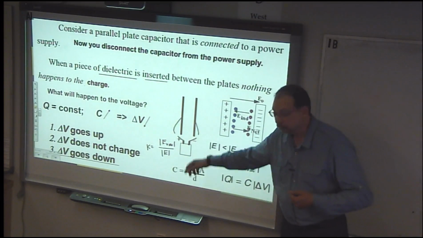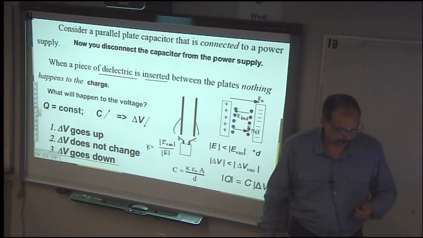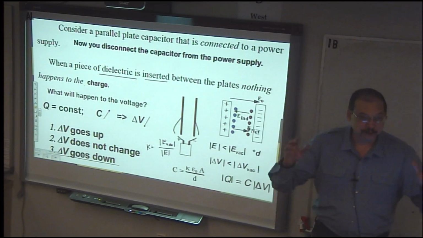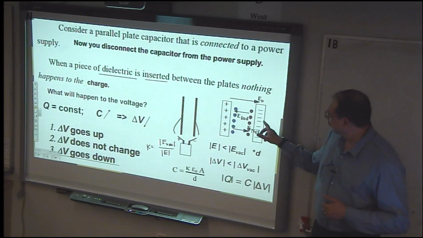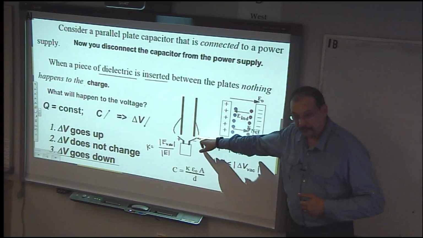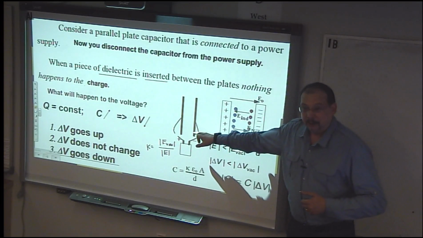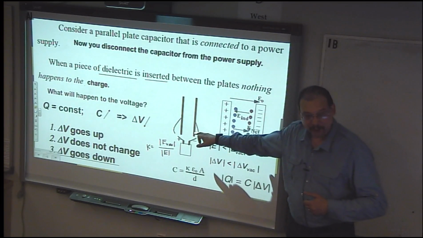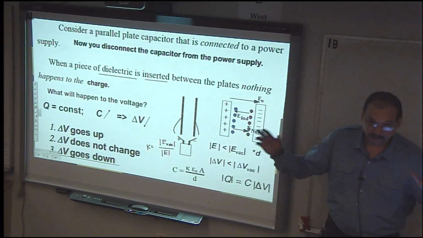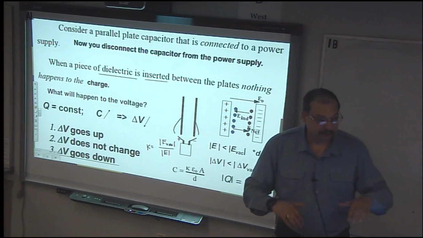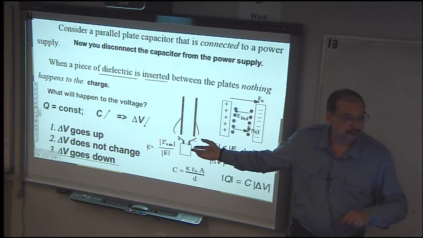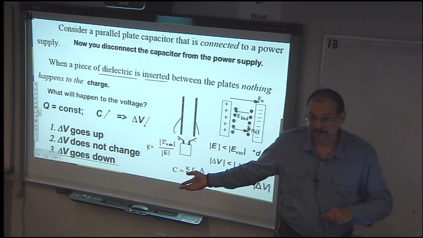And that's why it is always greater than 1. Because when we insert a dielectric, when charge remains constant, the net electric field decreases due to internal polarization of the dielectric.